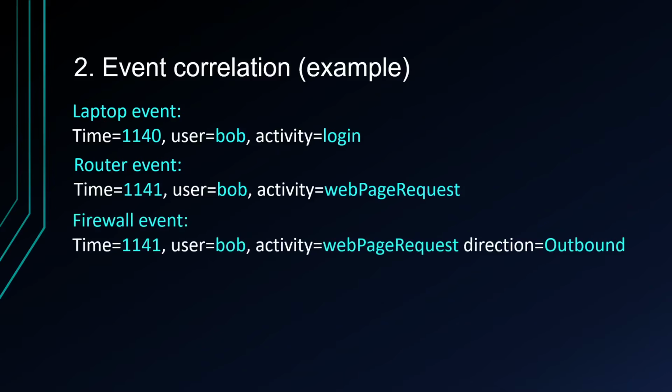Then also at 11:41, because these events take place quickly one after the other, we saw Bob's web page request go through our firewall in the outbound direction. So now we've correlated three events from three event log sources. And we've used the values Bob and 11:40 or 11:41 to obtain that picture of activity.